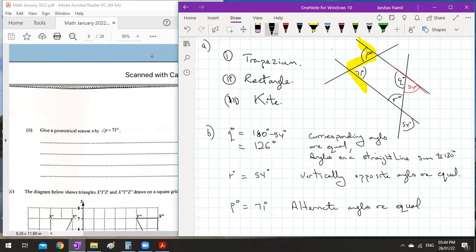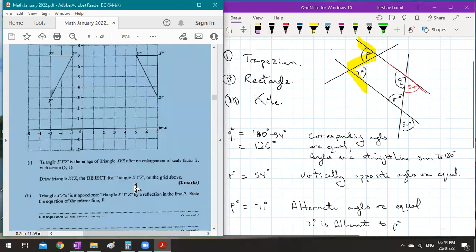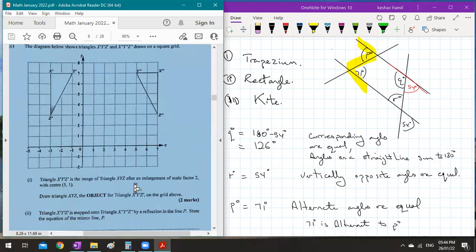Now, in your question paper, when you're answering it, you'll have to say 71 degrees is alternate to angle at P, right? That's the only thing you'll have to state.